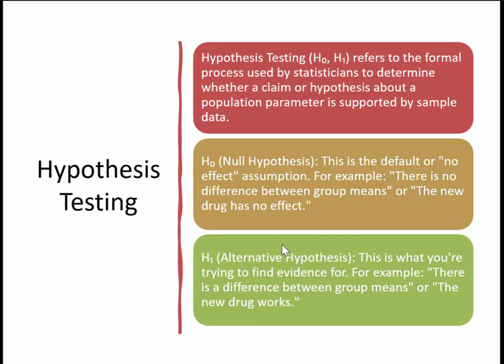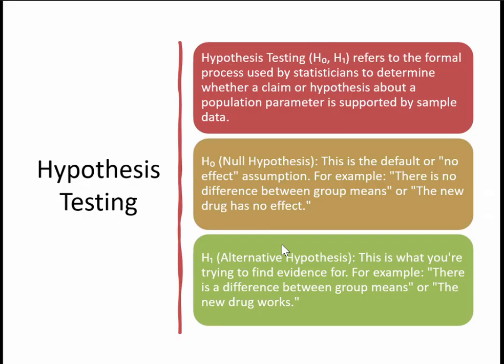Another thing to note is that H0 and H1 are mutually exclusive, meaning that if you reject one, you have to take the other. You can't reject both and you can't take both. We are going to look at some examples of claims, and see what H1 is and what H0 is.